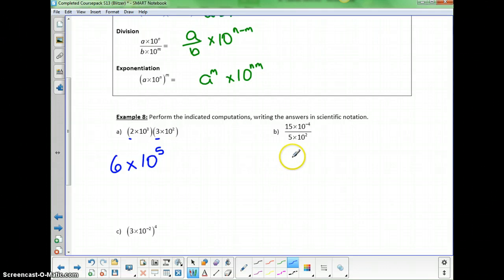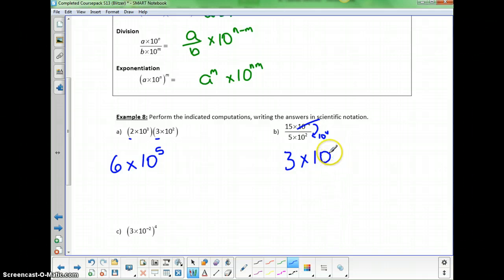Division here, 5 into 15 is 3. What to do with the exponents? Times 10 to the, okay, so imagine moving that 4 down here, because it was negative, and then that's going to be 10 to the 6th in the bottom.